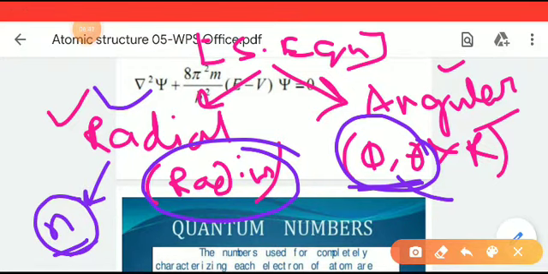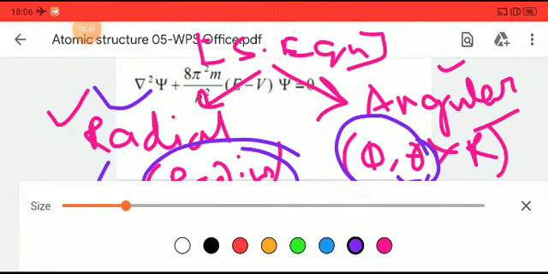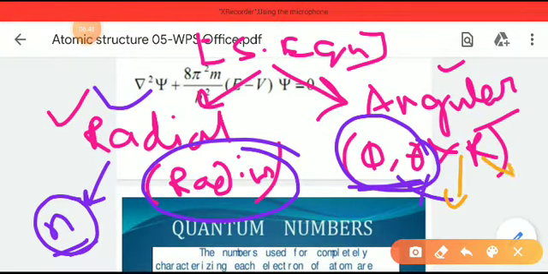From the angular part we get two quantum numbers, the azimuthal quantum number l and the magnetic quantum number m. So there are four quantum numbers, namely the principal quantum number n, azimuthal quantum number l, magnetic quantum number m, and spin quantum number s. But only three of these are derived from the Schrodinger equation.